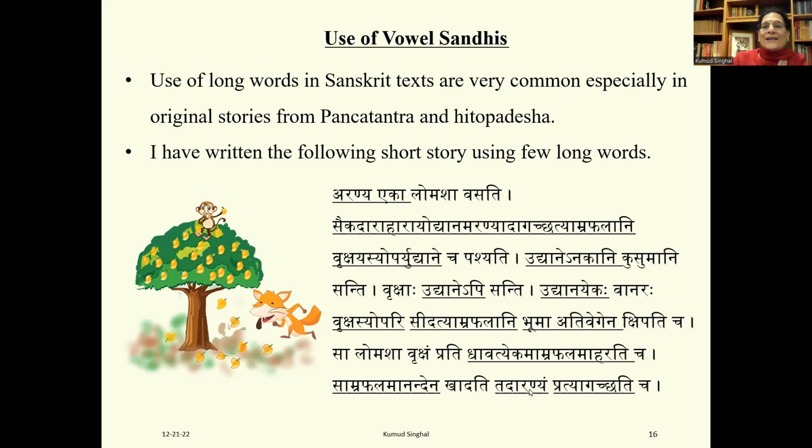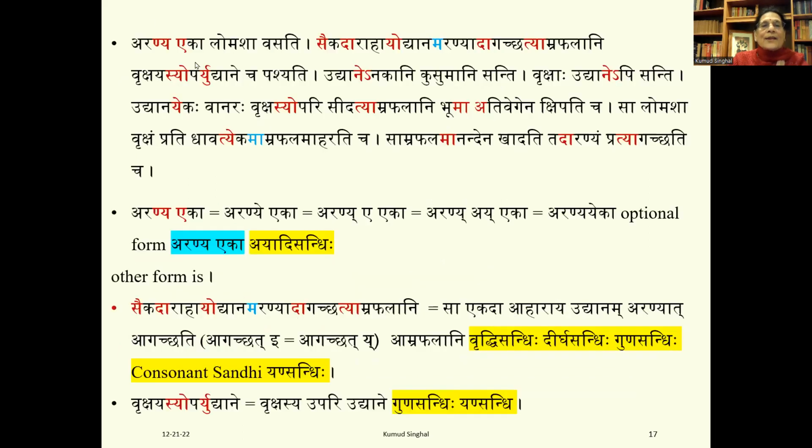So in order to understand this, you have to break these words into smaller words, or do sandhi vicheda. Okay, so I've rewritten that text, and wherever there is red highlighting, you have vowel sandhis.